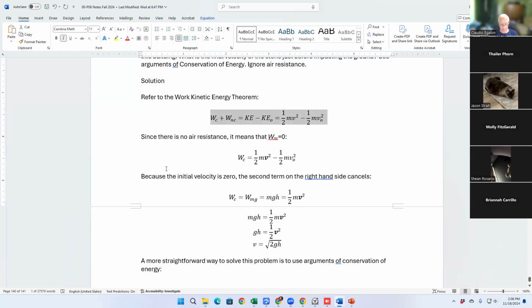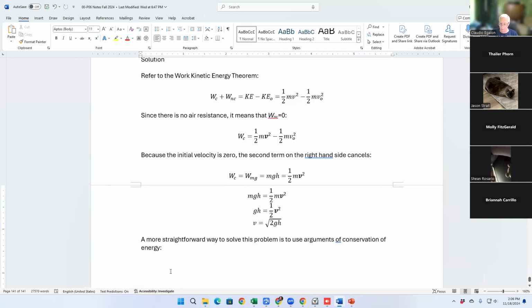Instead of using the work kinetic energy theorem, we just go back to the argument of conservation of energy, right? We go final potential energy plus final kinetic energy is equal to initial potential energy plus initial kinetic energy.